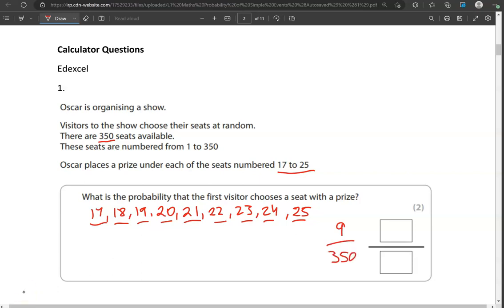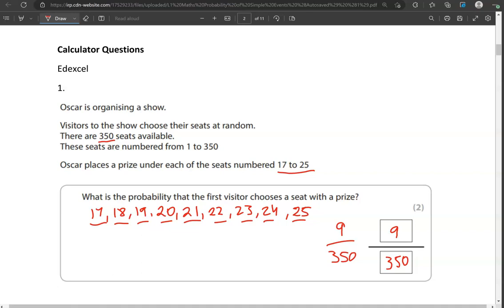So the probability that the first visitor chooses a seat with a prize is 9/350. Now the question doesn't ask us to simplify, but the fraction is already in its simplest form. So even if the question asked, we wouldn't be able to change this.